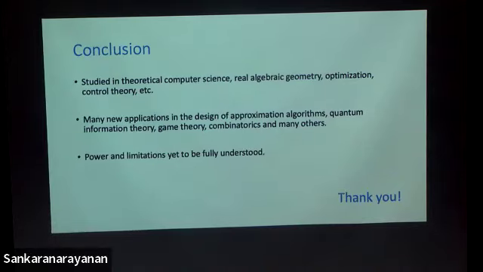So convex optimization is when the function that you're trying to optimize or minimize is a convex function. And the constraints, the feasible set of solutions, is also a convex set, right? So in such cases, if you have one or two other technical conditions, you can actually get polynomial time algorithms for convex optimization, okay?